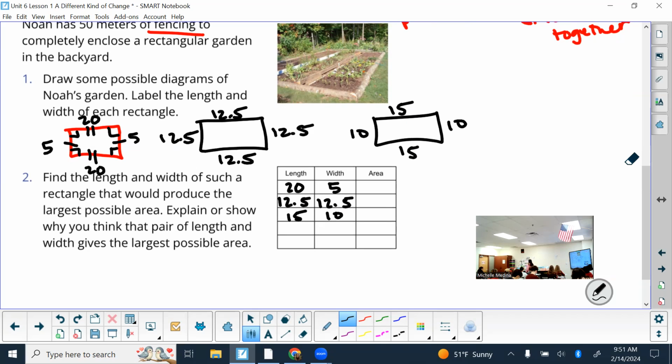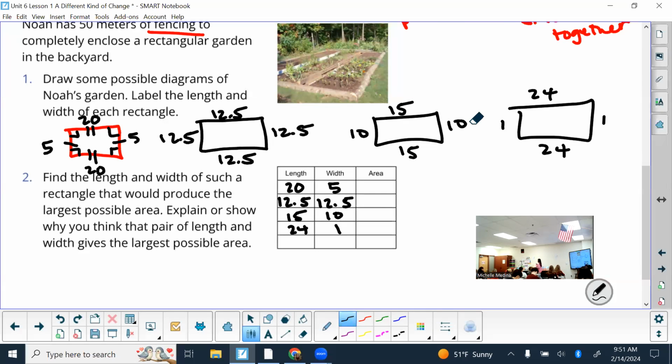We know it can't be 25, it'll have to be something under it. 24 and 1. That would give me a rectangle. I didn't say that it had to meet other criteria other than adding up to 50 and making a rectangle. So that could work for sure.